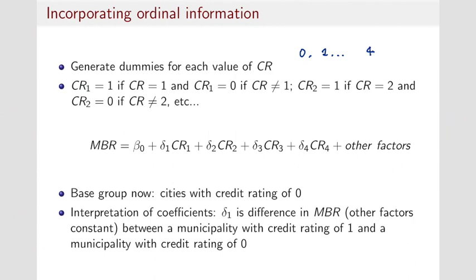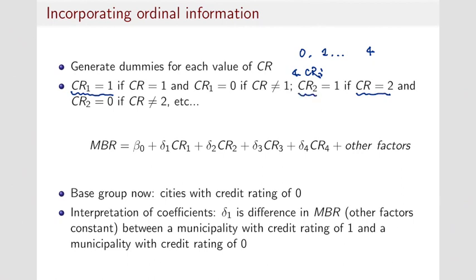For instance, since there are 5 ratings from 0 to 4, we can generate 4 dummy variables. Let the dummy variable CR1 equal 1 if the credit rating is 1, and otherwise it's equal to 0.